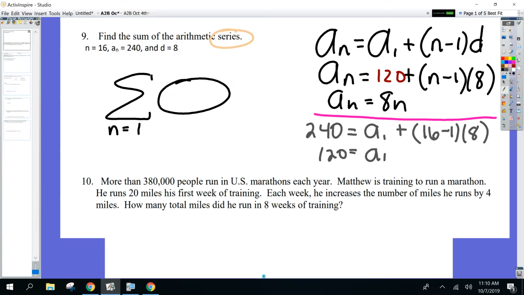What do you find? 8n plus 112. And that's what goes into the right of your sigma.